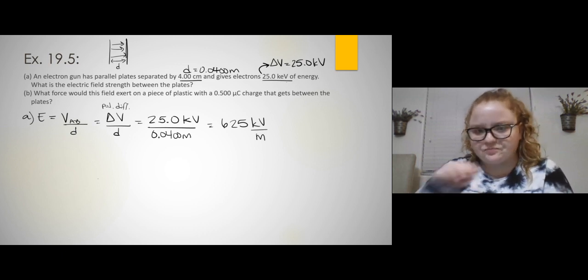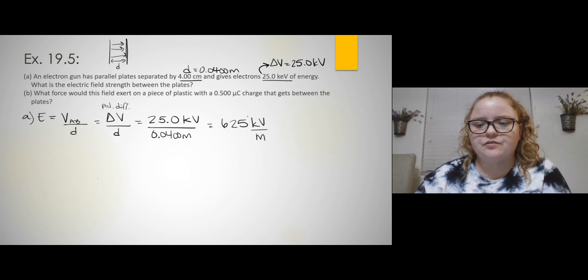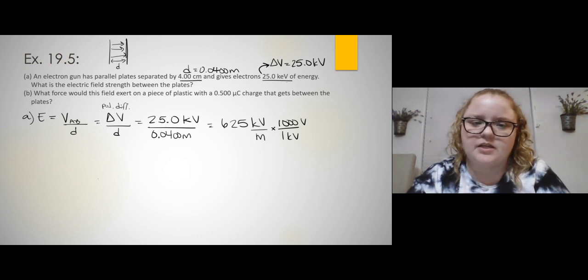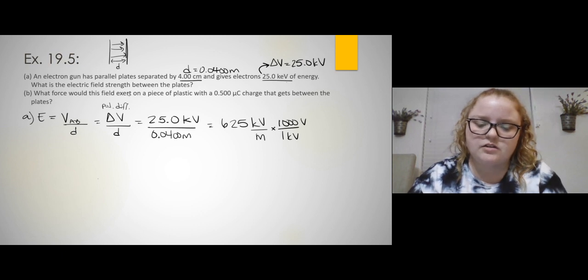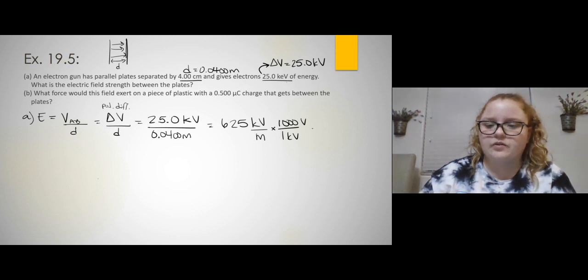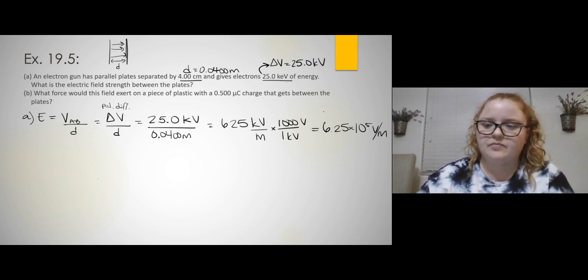We can switch that over to volt per meter by saying for 1 kilovolt, we have 1,000 volts. Do we want to do that, or do we want to keep it here? Yeah, we can do that. So times 1,000, we get 6.25 times 10 to the 5th, and that is in volts per meter. So this is the electric field.